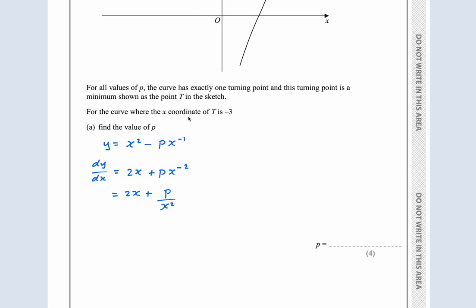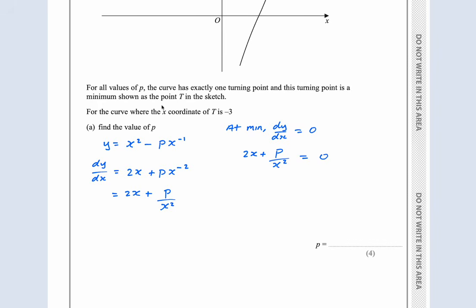Now, at minimum, this is important, guys, at the minimum, dy dx equals 0. So that's true for any function. Now the derivative, that means 2x plus p over x squared equals 0.